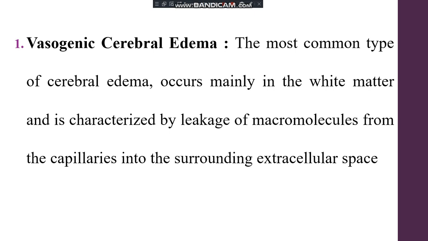Third, the basic reason for vasogenic cerebral edema is the leakage of macromolecules from the capillaries, from the blood circulatory system itself, into the extracellular space.